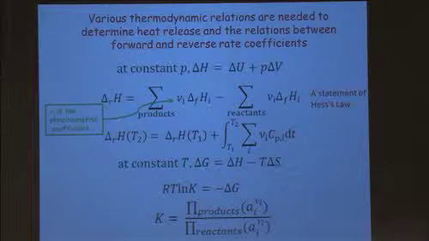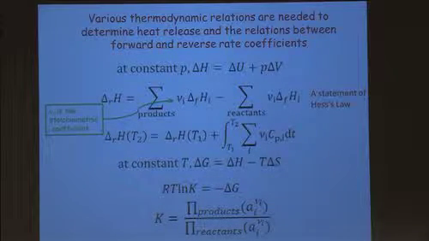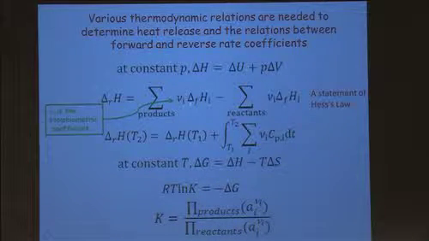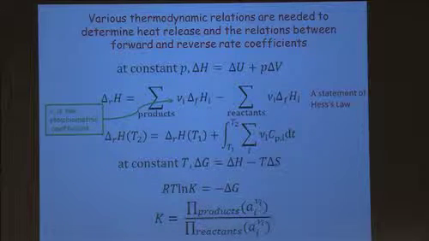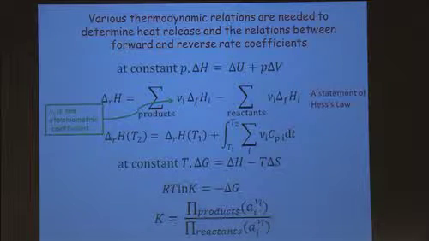Delta_r H is the enthalpy of reaction. And that's equal to the sum of the enthalpies of formation of the products multiplied by these stoichiometric coefficients that we talked about a couple of lectures ago, minus the same quantity for the reactants. And this is a statement of what's called Hess's law, or if you like, of the first law of thermodynamics.